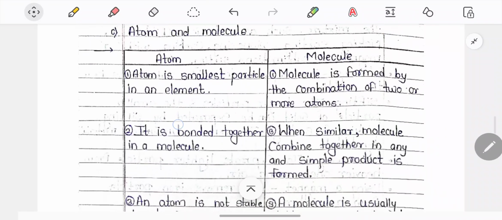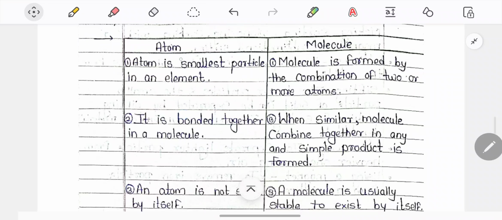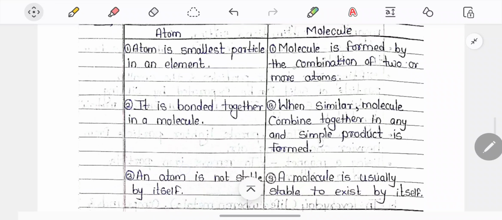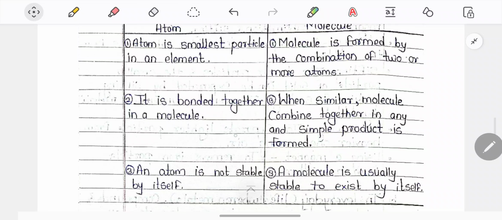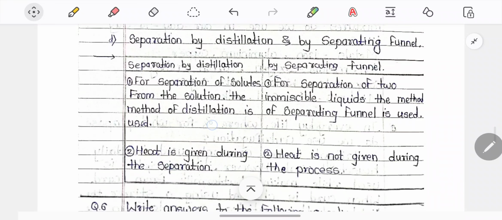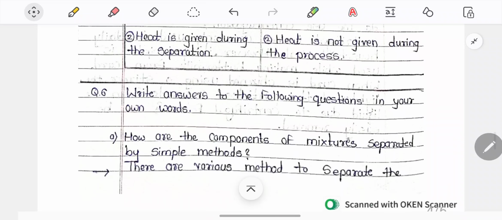Now 6C: atom and molecule. Here are some points of atom and some points of molecule, so you can write. Now this is the difference between separation by distillation and separating by funnel, and here are the 2 points. Okay, let's move towards question number 6.